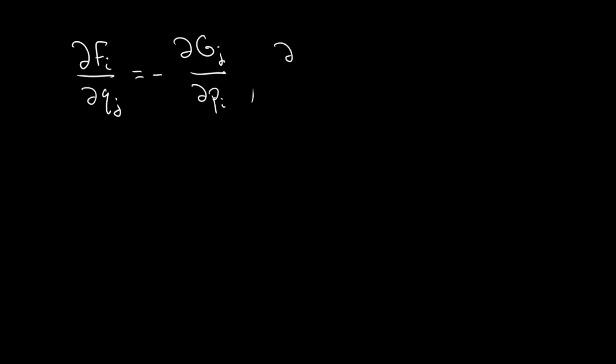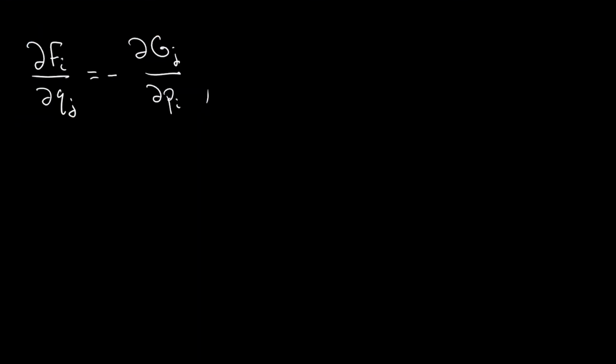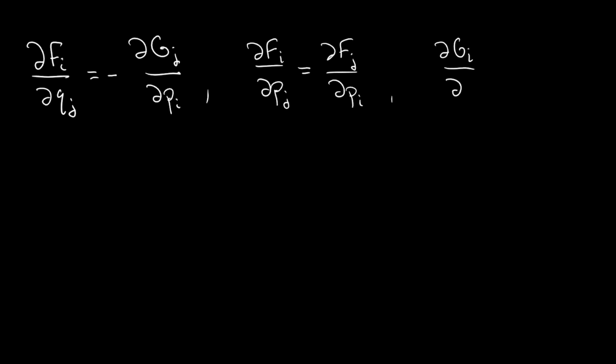Our second equation is, I'm going to space these out a little bit more, you can still see that, ∂f_i/∂p_j is equal to ∂f_j/∂p_i. And then our last one is ∂g_i/∂q_j equals ∂g_j/∂q_i.